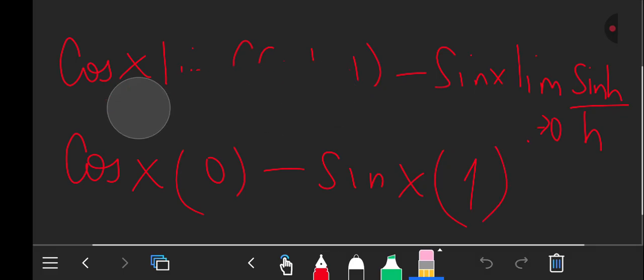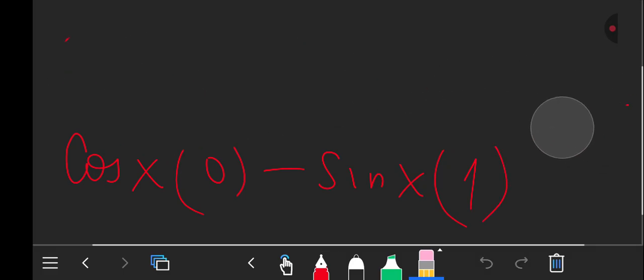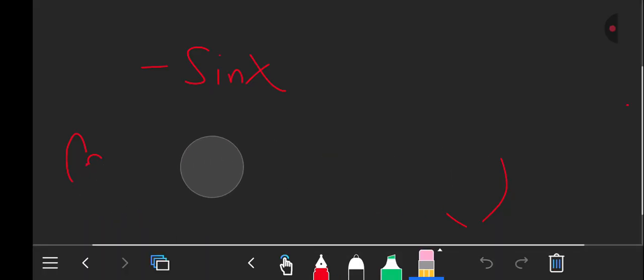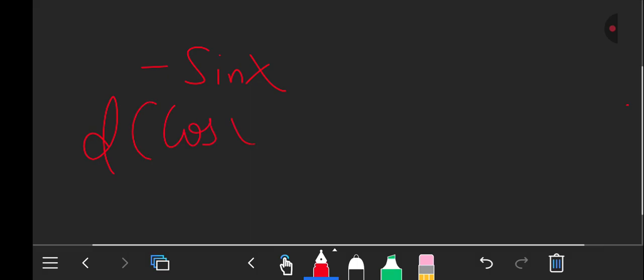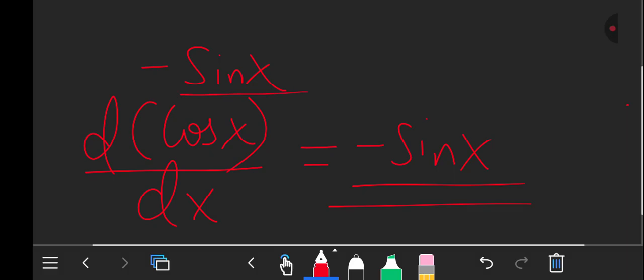Then we evaluate now. So we're going to have cos x multiplied by 0 is just 0, so we're going to remain with negative sine x multiplied by 1, it's negative sine x. Then we can conclude that indeed derivative of cos x with respect to x is equal to negative sine x, because this is what it is showing us.